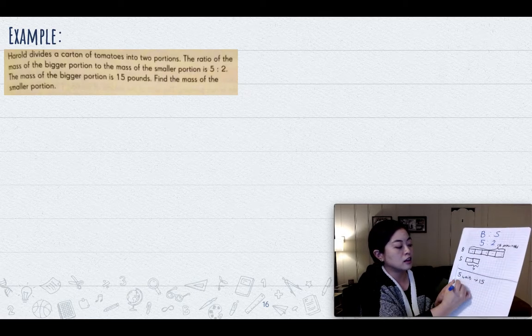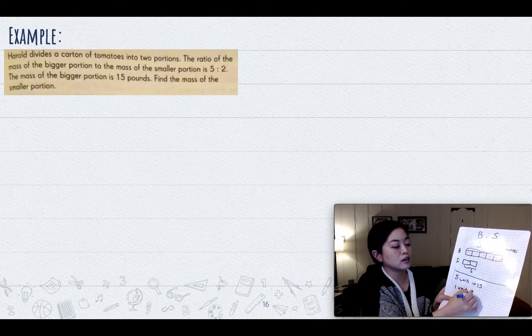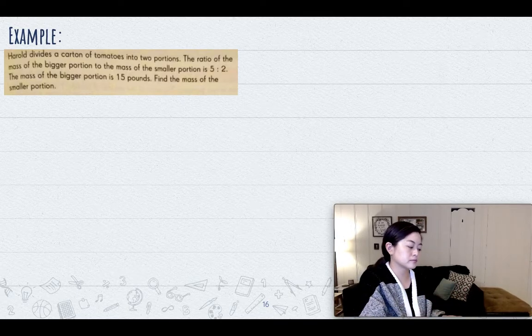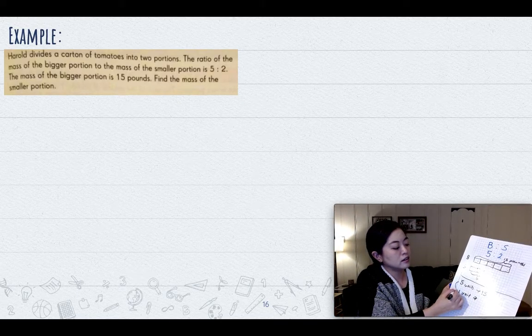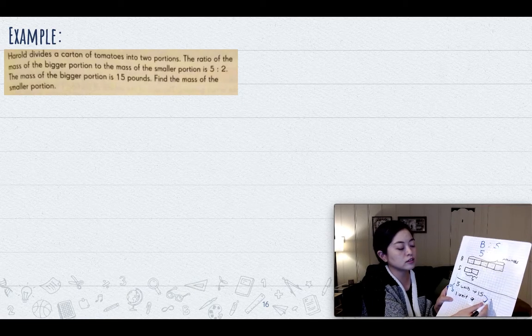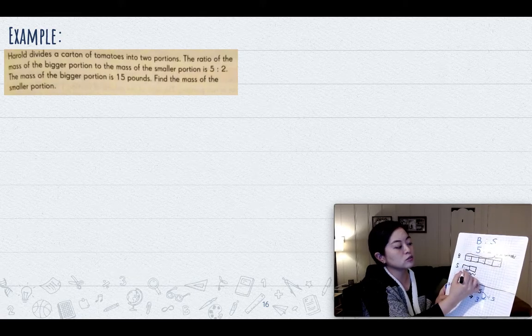Then how many does 1 unit get you? Well, let's see. If I want to get 5 to 1, I divide by 5, and whatever I do on one side, I have to do on the other side here. 15 divided by 5 is 3. So 1 unit is 3. So this is 3, and this is 3.